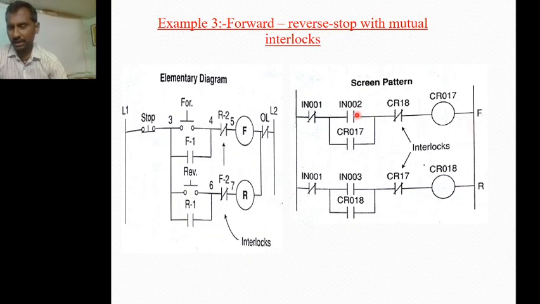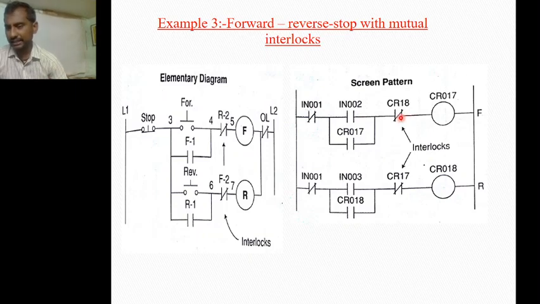In this particular logic, IN001 is normally closed. That means off position, the stop button. And I press the IN002 switch, so it is on. When the IN002 contact is on, this is a normally open contact, so when this is made on, this open contact acts as a closed contact, and we can have one closed path here.